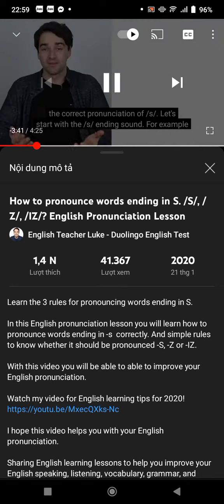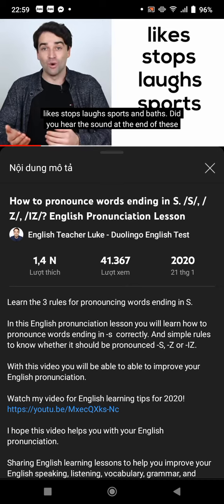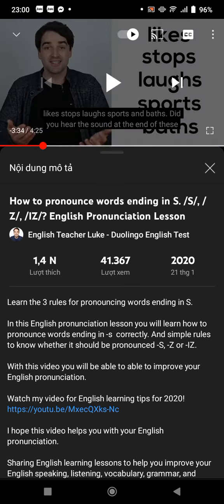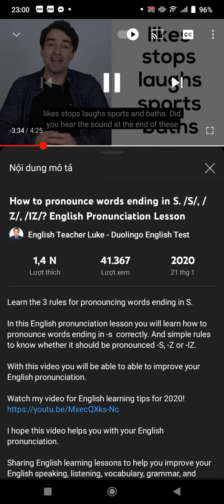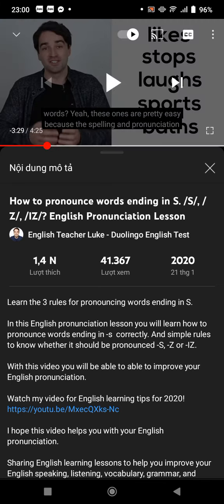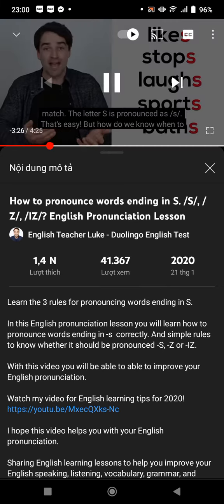For example, likes, stops, laughs, sports, and baths. Did you hear the S sound at the end of these words? These ones are pretty easy because the spelling and pronunciation match.